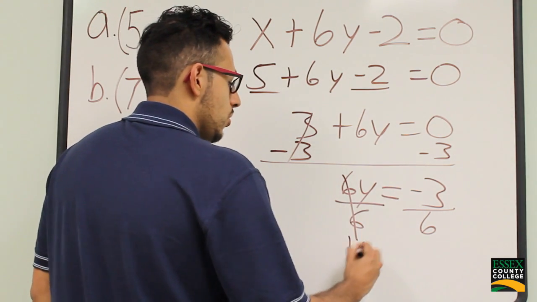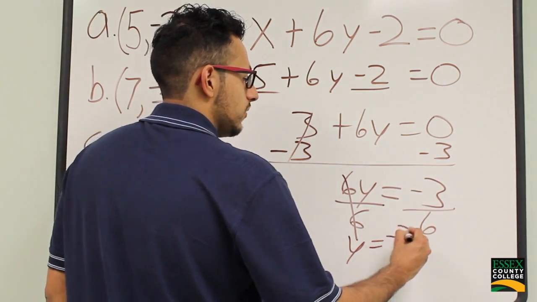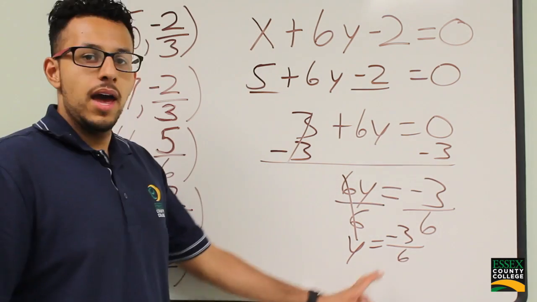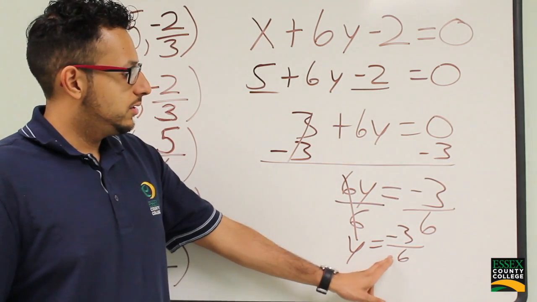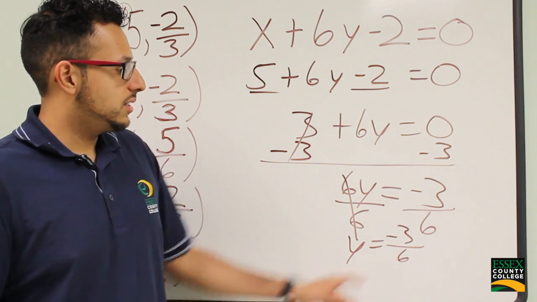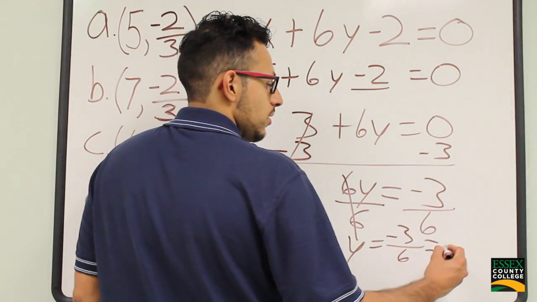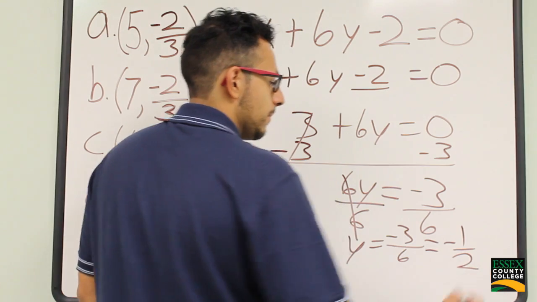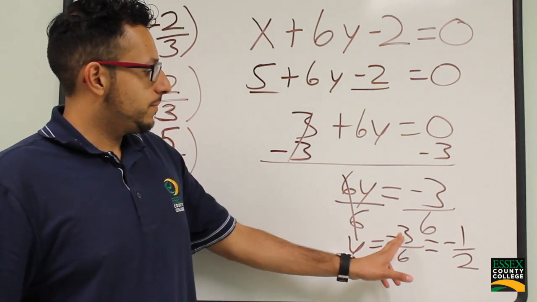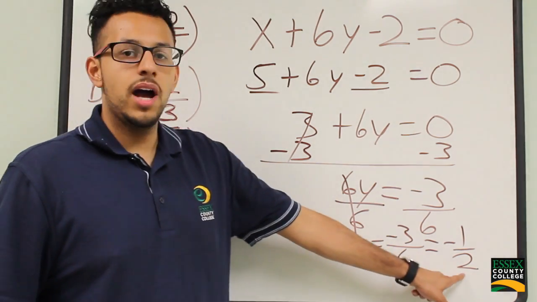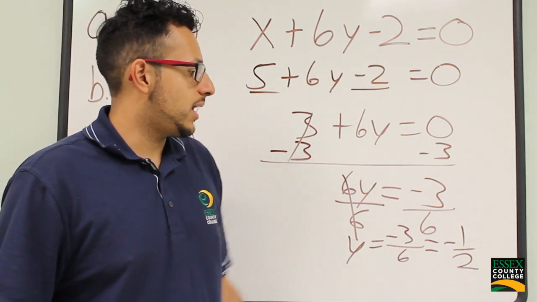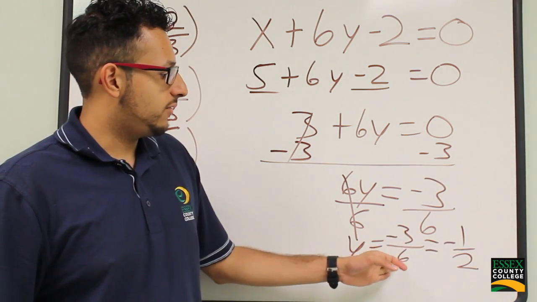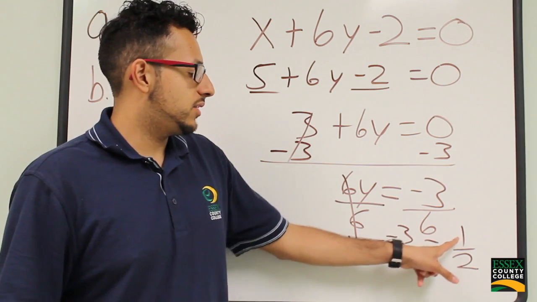So I'm left with y is equal to negative 3 over 6. And this can be simplified. So negative 3 over 6 is simply negative 1/2, because 3 can go into 6 two times, and 3 can go into 3 one time. So we know that 3 is half of 6, that's why this simplifies to negative 1/2.